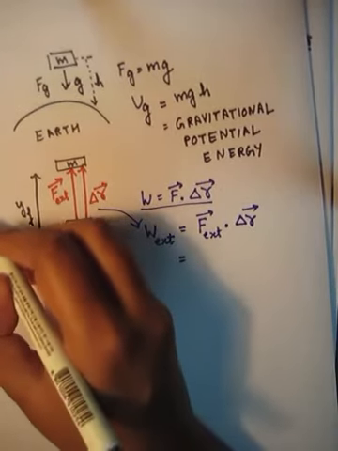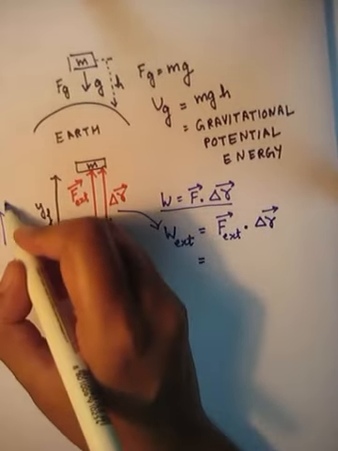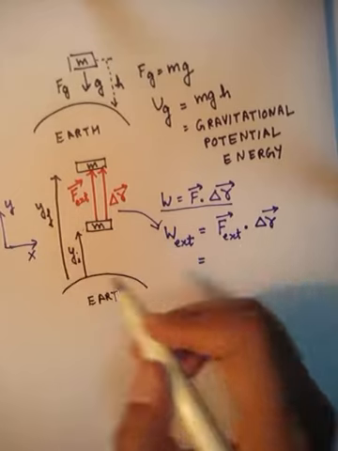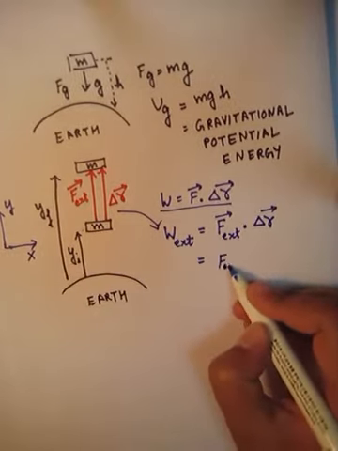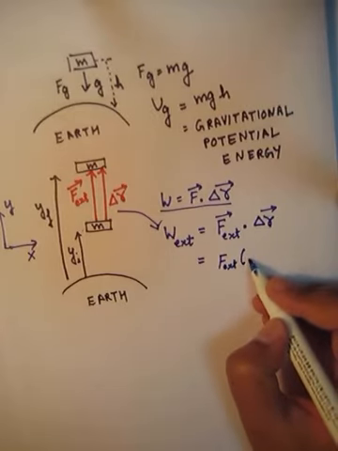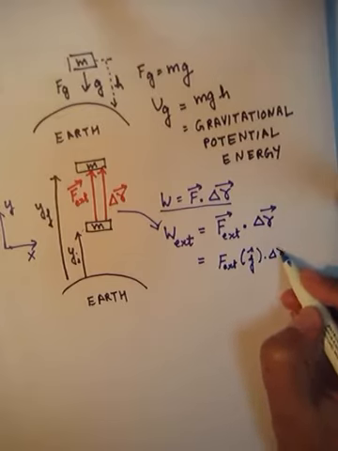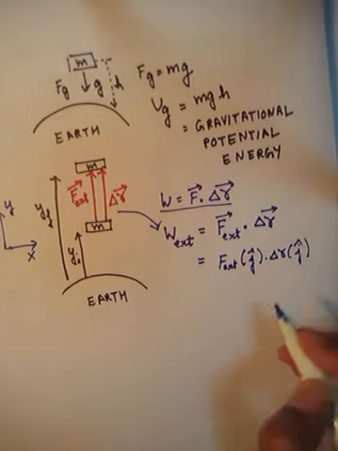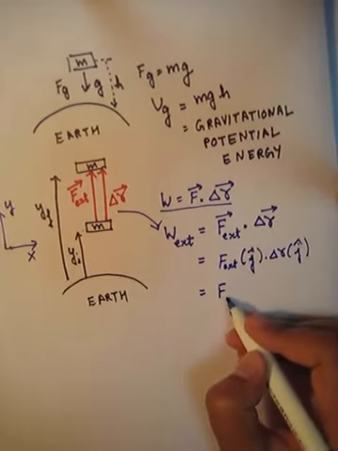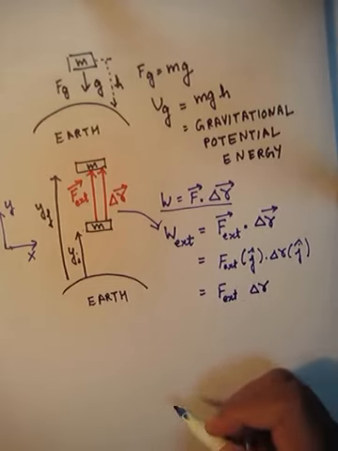So if this is y and this is x axis, then F external will be j unit vector dot delta r j unit vector, and j dot j will be 1, so we'll get F external into delta r.